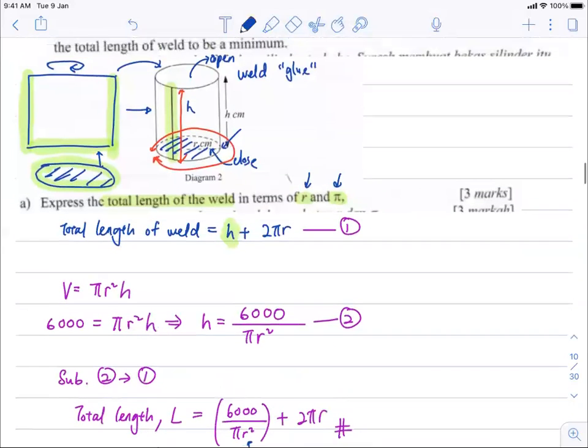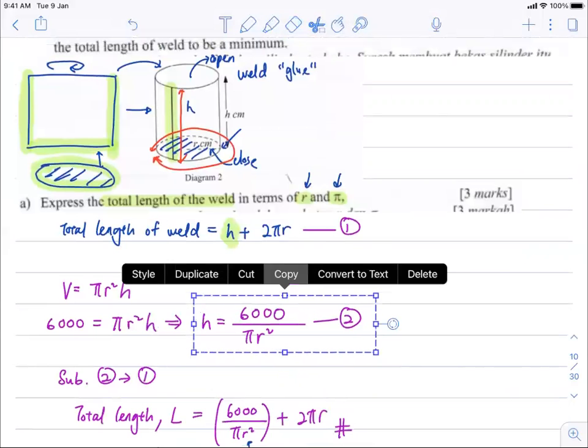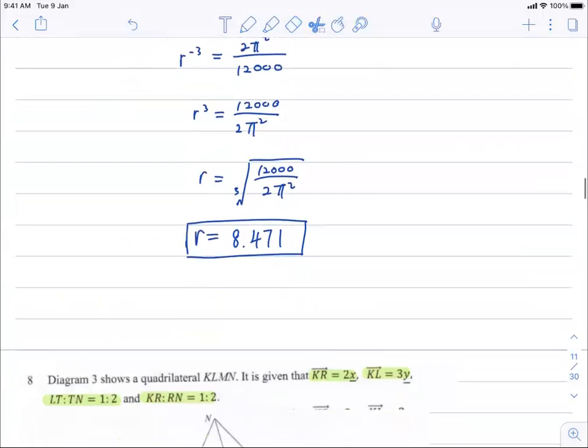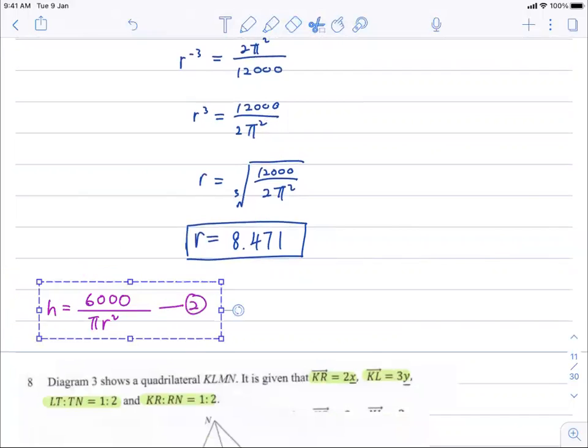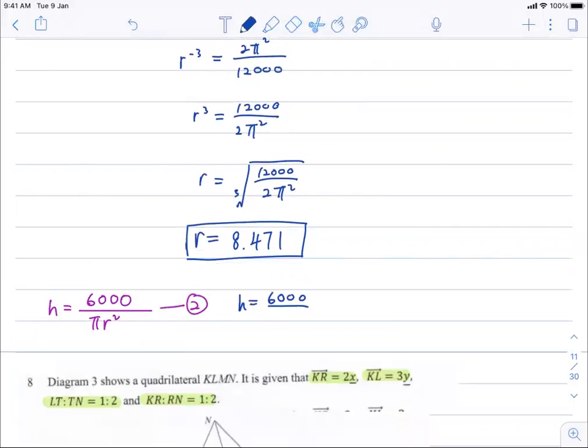We can use this equation, or equation 2. So from equation 2, h is equal to 6,000 divided by pi, r is 8.471, there's a square here, equal to 26.613.